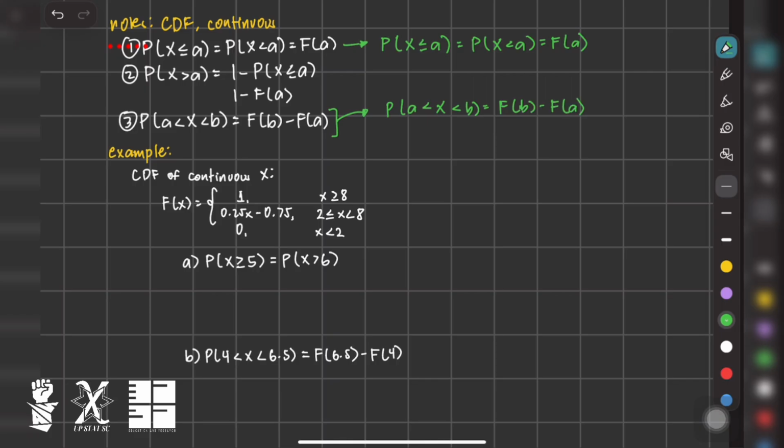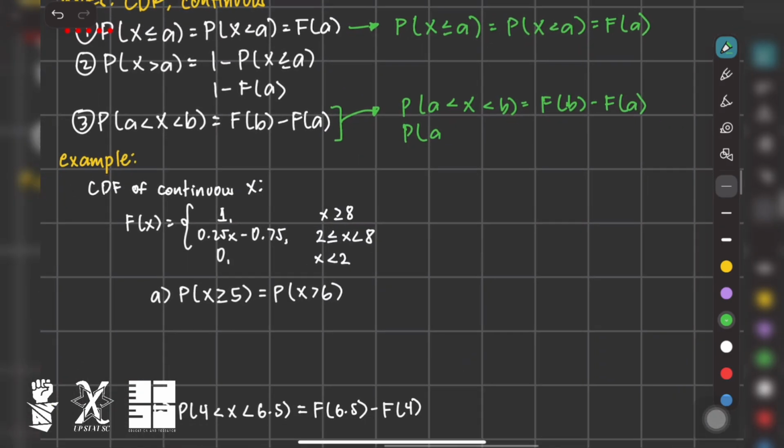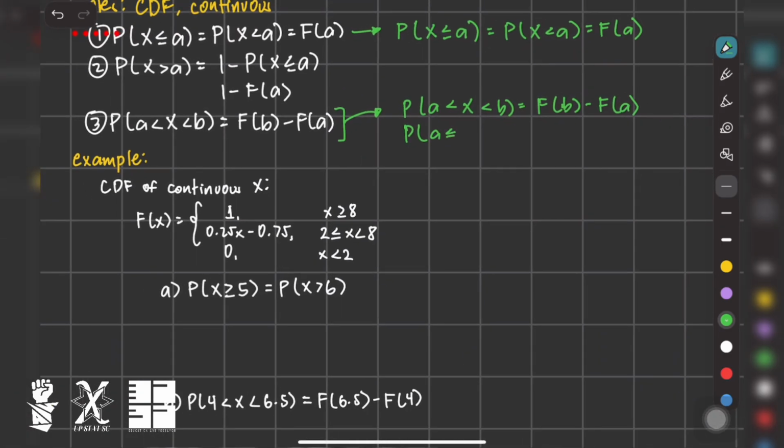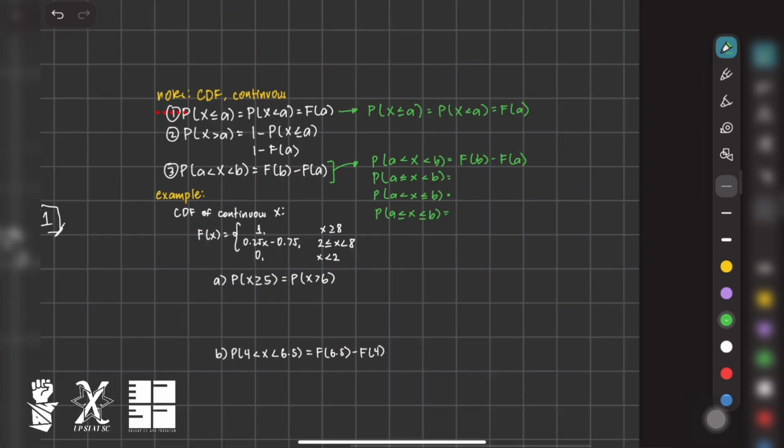That's also the same as when X is greater than or equal to a but less than or equal to b. It's all the same. So how do we view this?